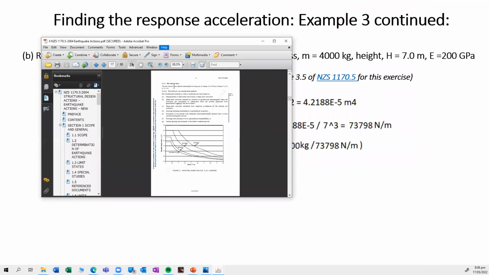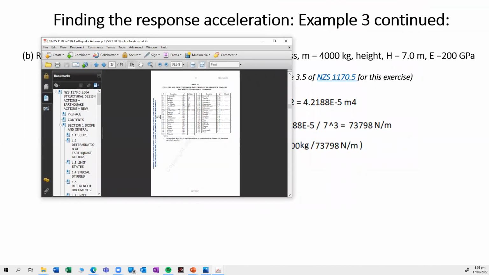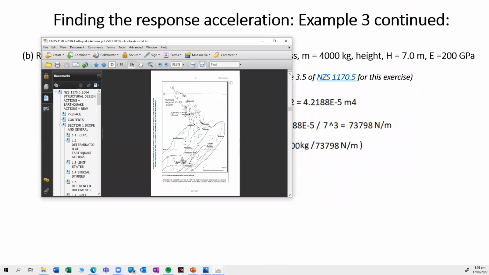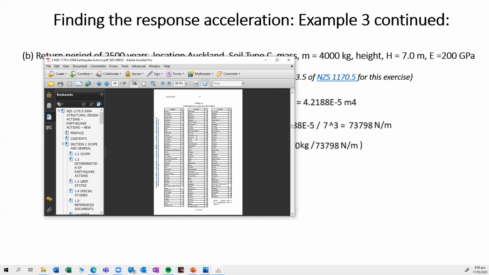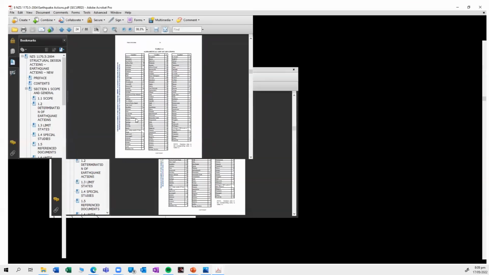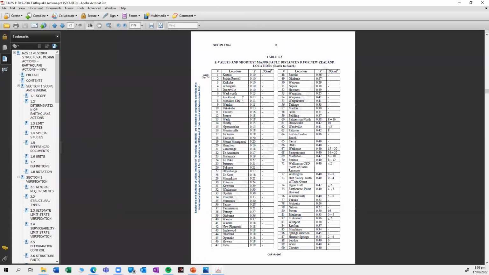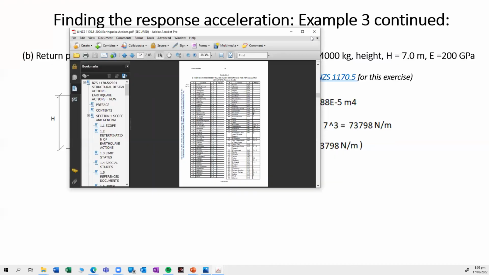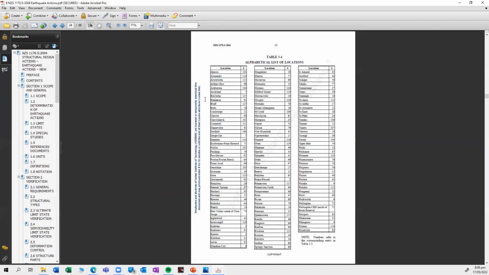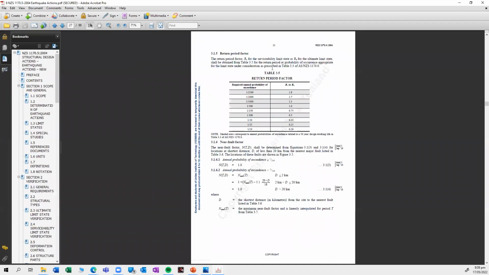Now for Z, the hazard factor, we're in Auckland, so Auckland seems about 0.13. You can look at the table here. Auckland is 0.13 for Z, and for 2,500 years, the return period factor is 1.8.